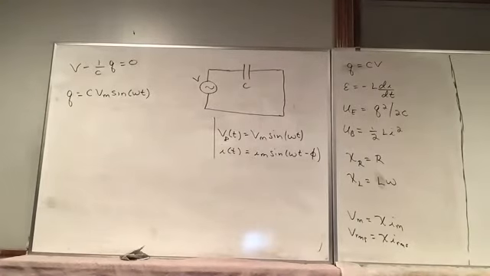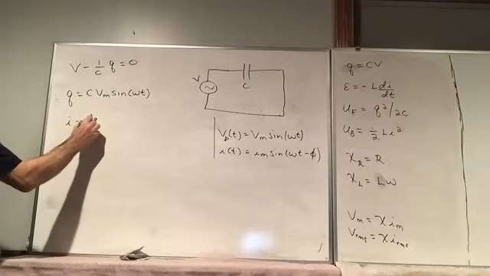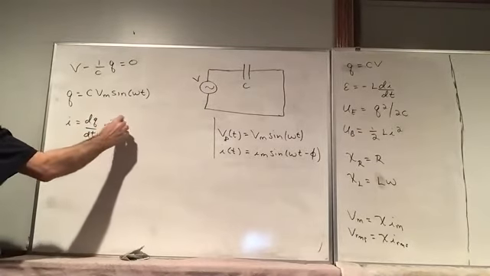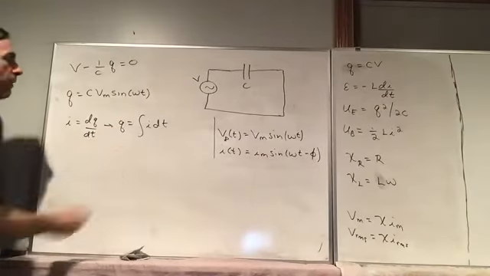And we want to relate that to this current by, last time we took a derivative. So here we're going to have to integrate the current. So Q would be the integral of I dt.